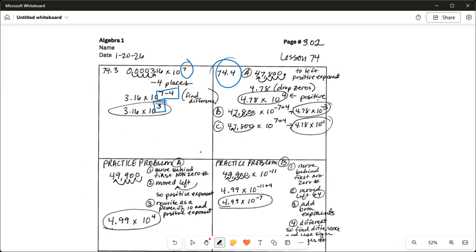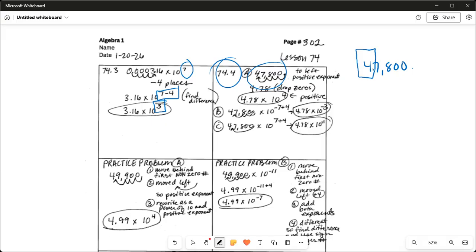For example 74.4, we're taking a bigger number, 47,800, using that same procedure. We're moving the decimal to the first non-zero number. So when I say first non-zero number, I don't mean the first non-zero number that you come to. It's not this 8. It's the first non-zero number from left to right in the number.